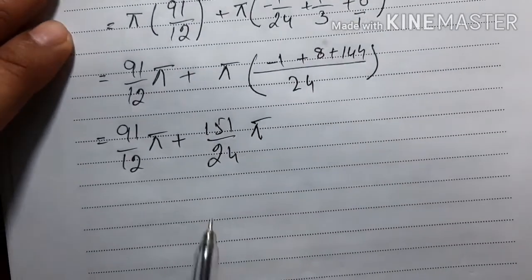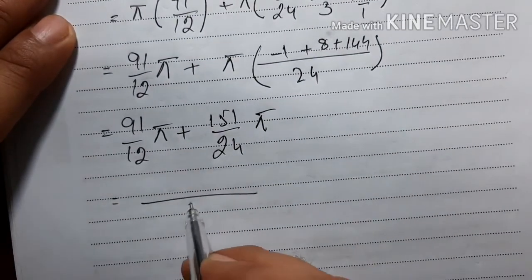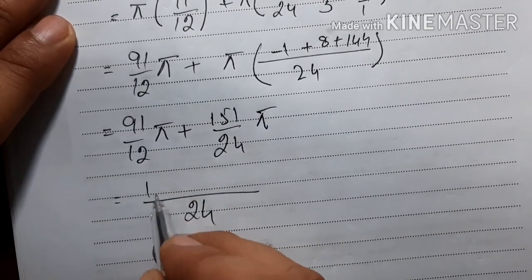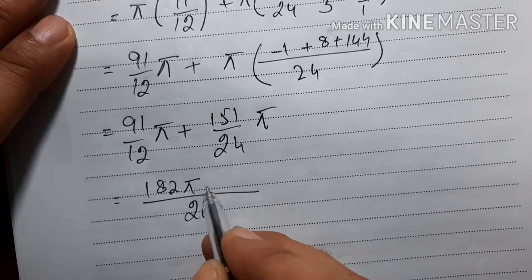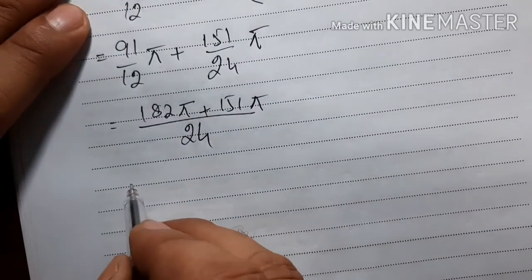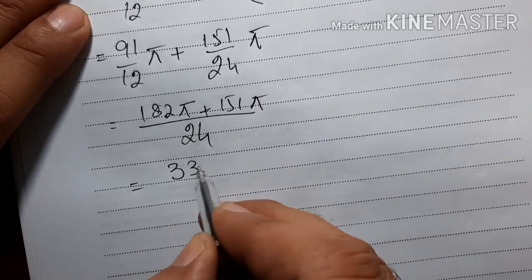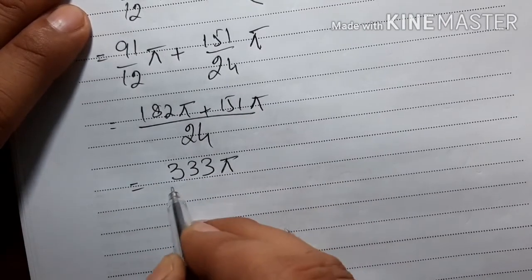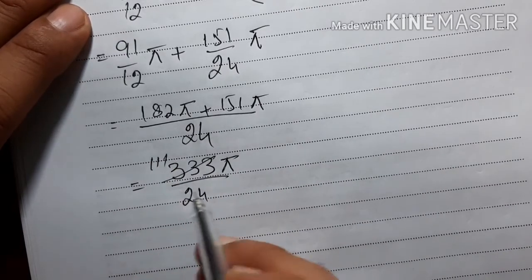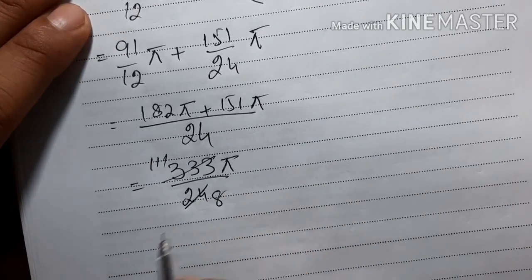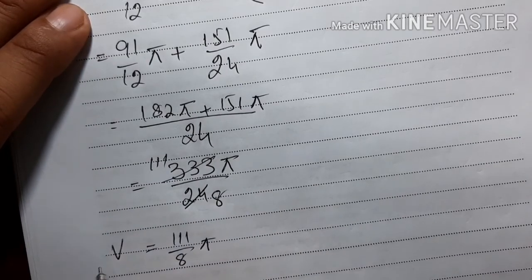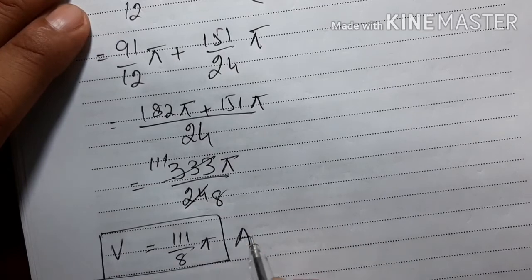So again, if we take LCM 24, this will be 12 two times, 182 pi plus 151 pi, which will be equal to 333 pi over 24, or you can cancel 3 with 3, so this will be 111 over 8 pi. This is the volume of revolution.